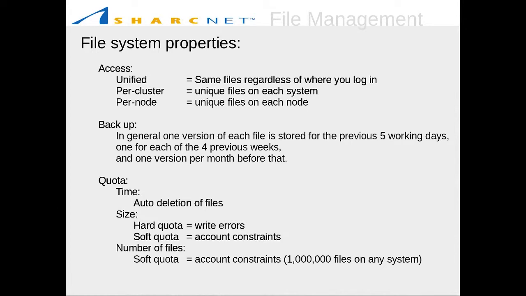So this is also a soft quota. That is, once you exceed 1 million on any file system, account constraints come into play. So the files can be put there, but once they're there for a certain amount of time over the quota, constraints will be placed on the account that will affect being able to submit jobs or jobs in queue being submitted.